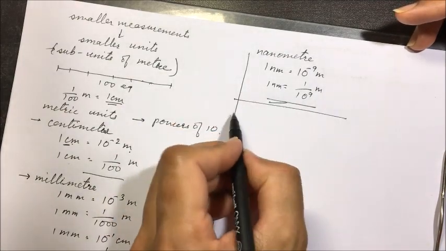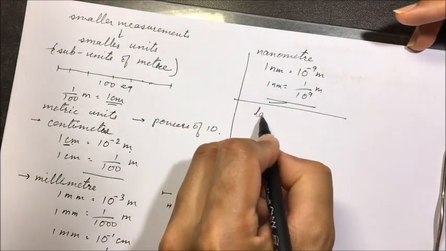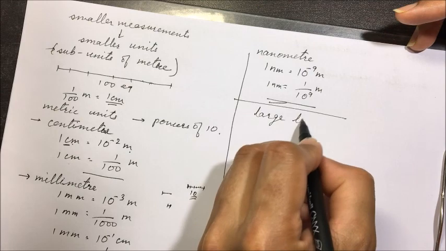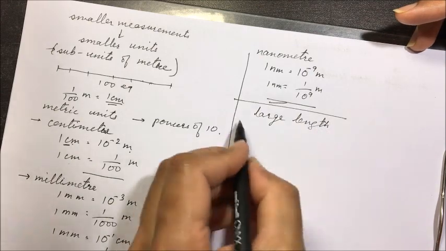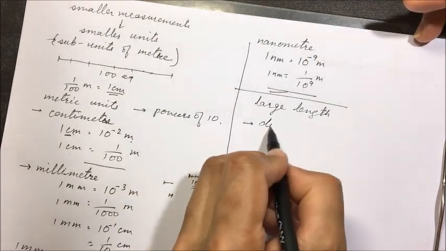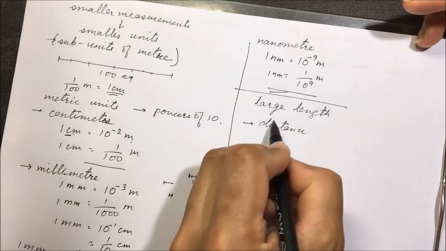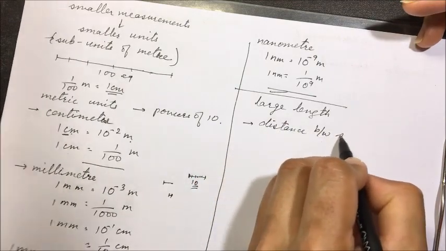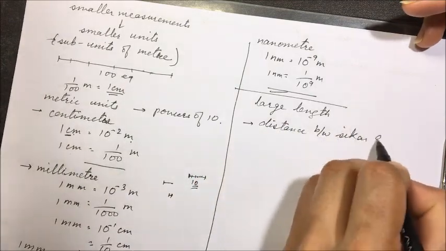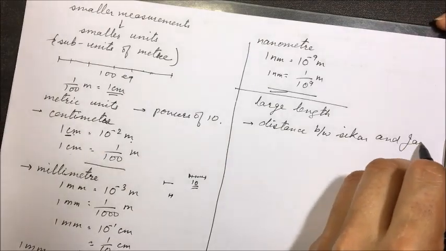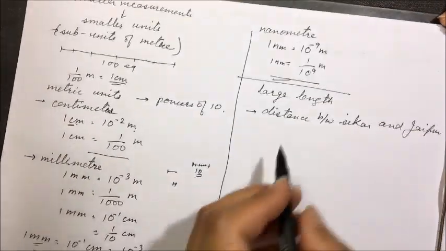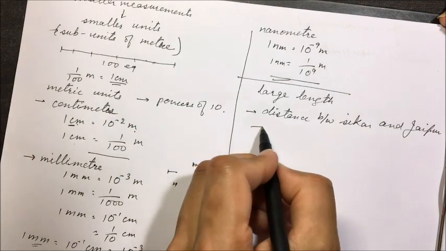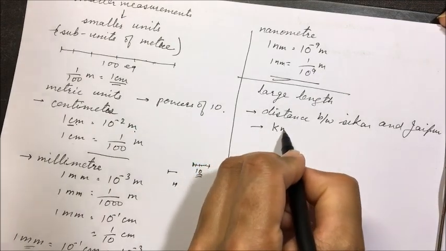Now we'll consider, for example, measuring large lengths, such as the distance between Sikar and Jaipur. Meter will be a very small unit, so here we will go with kilometer.